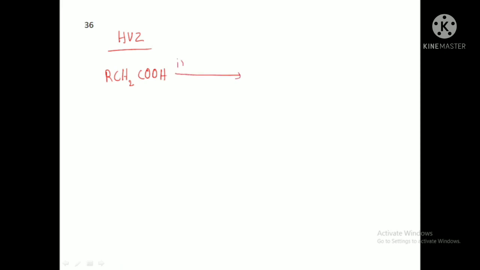On reaction with halogen in the presence of red phosphorus, followed by hydrolysis with H2O, it will give an alpha halo carboxylic acid. One of the very simple reactions. Alpha halo carboxylic acid can be prepared by the reaction of carboxylic acid with halogen in the presence of red phosphorus, followed by hydrolysis.